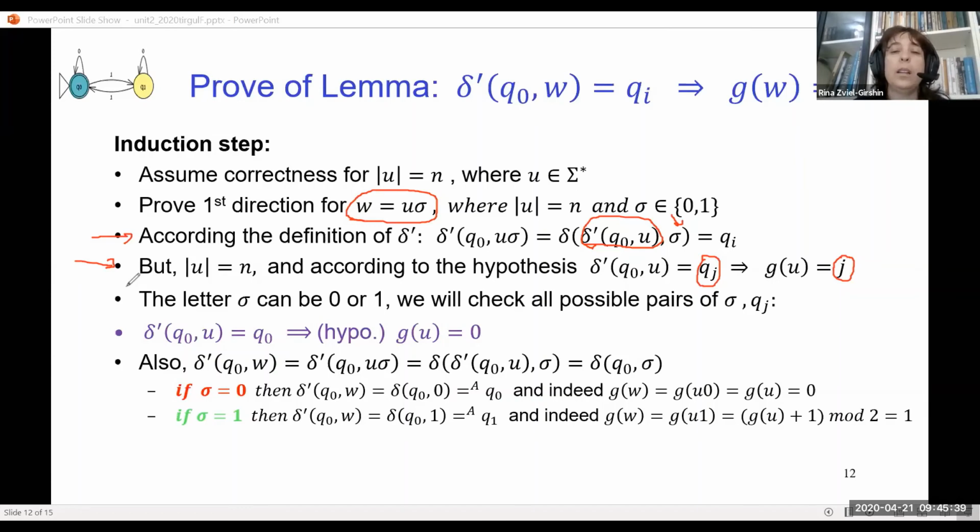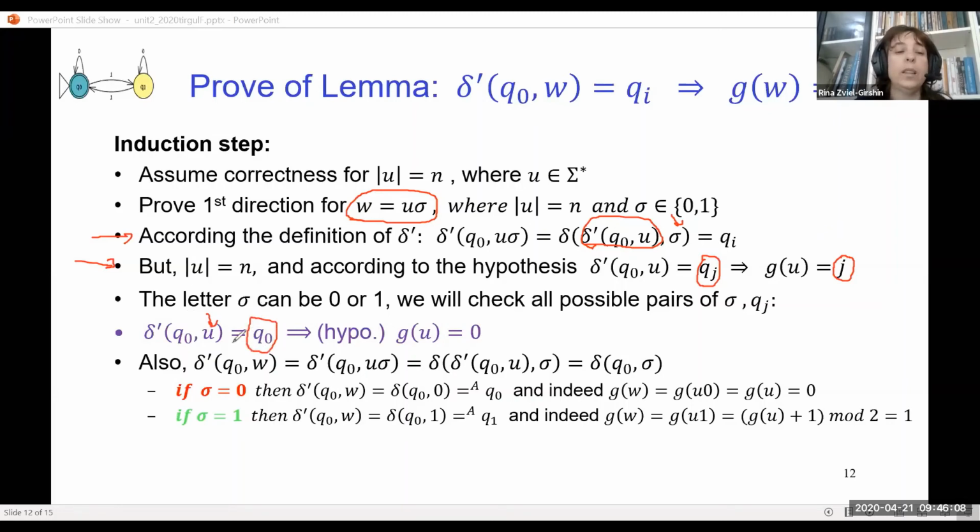Now I start the actual proof, the next step. I add an additional letter, sigma. We have an alphabet of 2 letters, so I have only 2 choices, 0 or 1, and I will analyze all the possibilities. The first possibility is that I had a word U with an even number of ones.